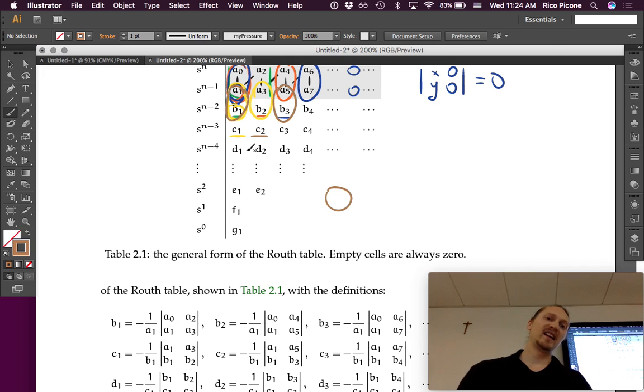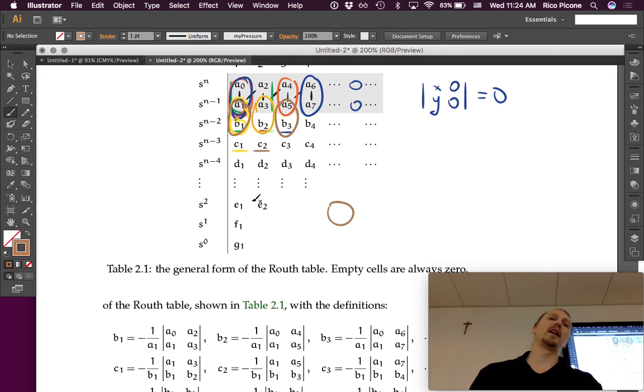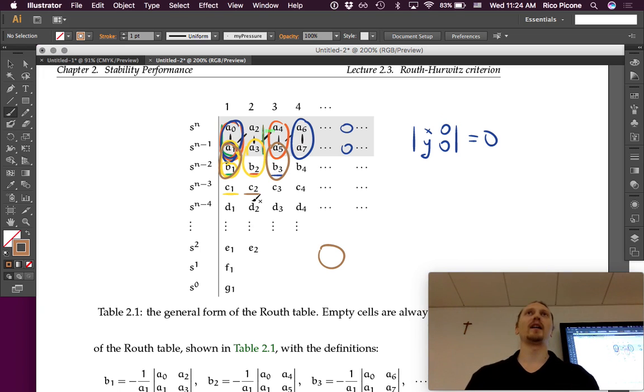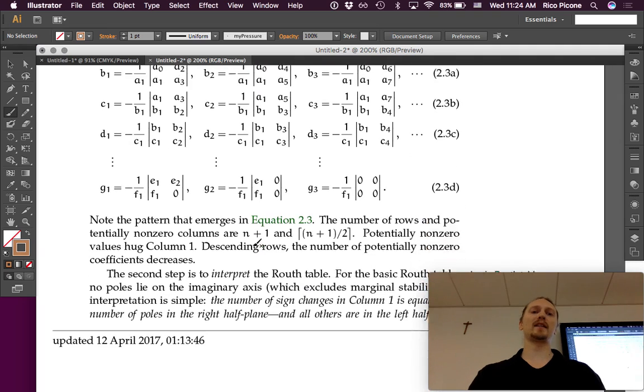So sometimes these terms will be 0, and there are exceptions that we aren't going to cover in class today, but are in the Nice textbook. The first is what happens if one of these terms in the first column shows up as a 0. That's the first exception you have to worry about. And the other one is if a whole row is 0, but you're not at the bottom yet. What do you do? There are special ways of dealing with those two situations.